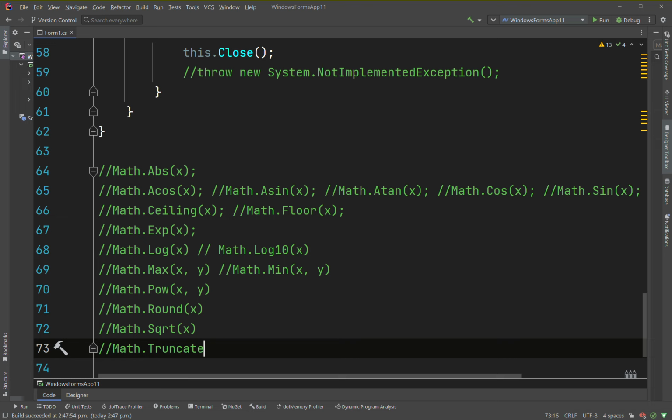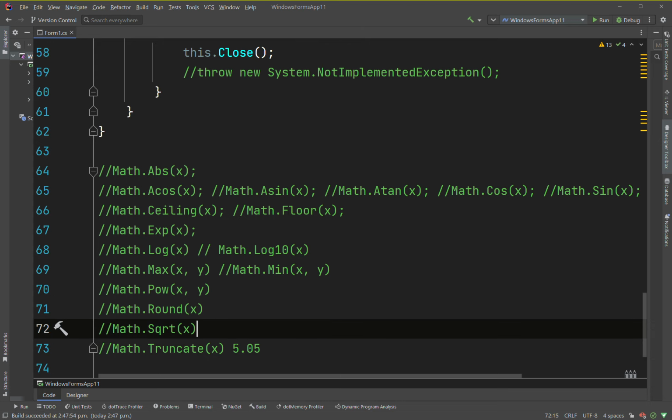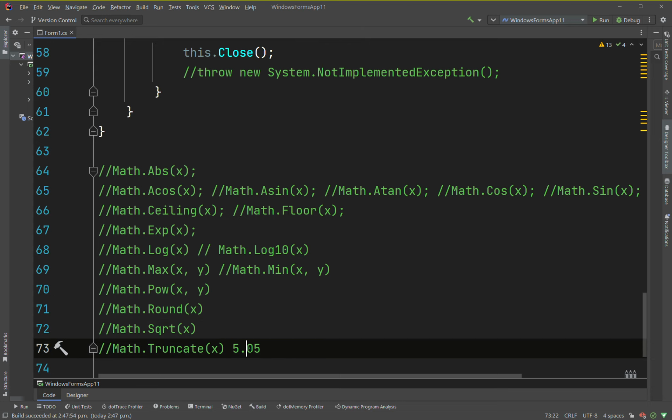I'm not sure if this is special too. I can't remember if they had this in Java, but this returns the integer part of x. Okay, so for example, if you have like 0.05, it returns 0.5 basically. Sorry, nope, I got that wrong. Totally opposite, so I apologize for that. If we have 5.05, truncate means remove. I believe it removes the decimal, so then it'll return 5.